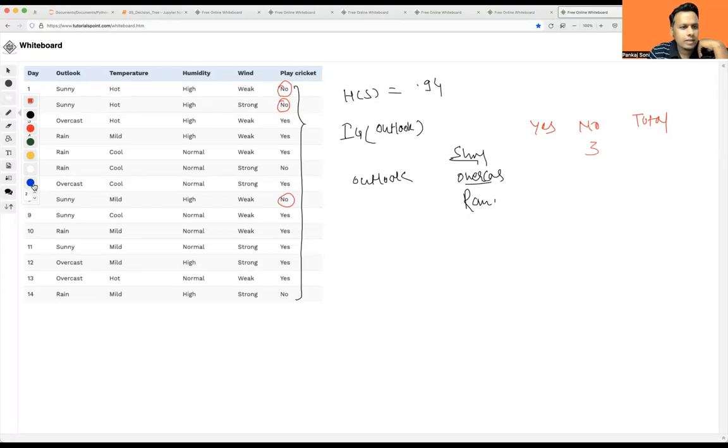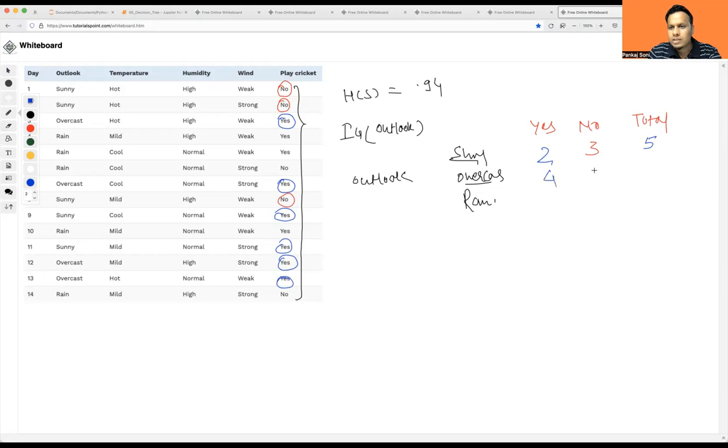How many yes? Yes will be 1, 2, so just put 2. Total is 5. Similarly, calculate for overcast. For overcast, how many yes are there? 1 yes, 2 yes, 3 yes, so looks like 4 yes, correct?